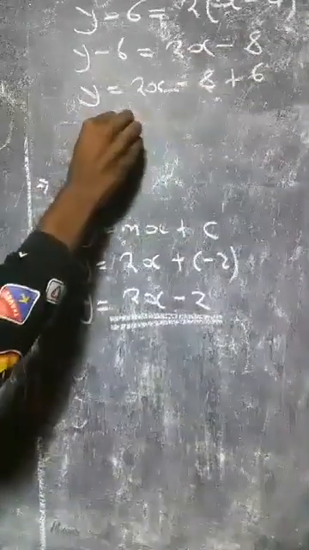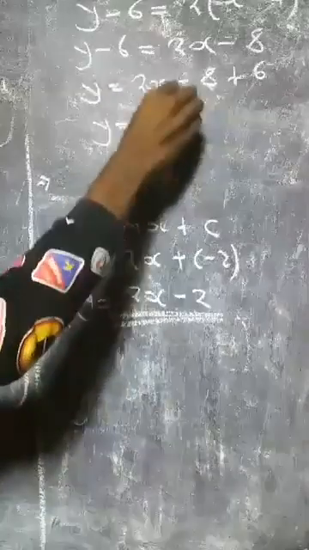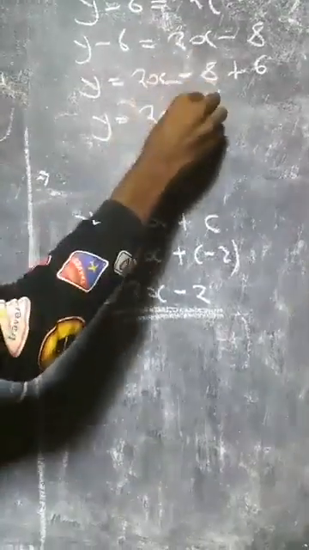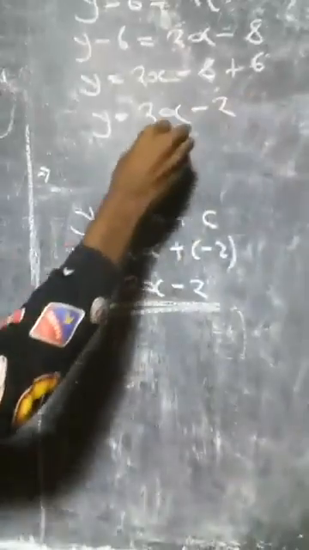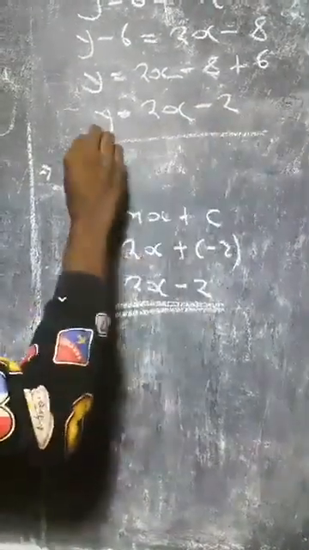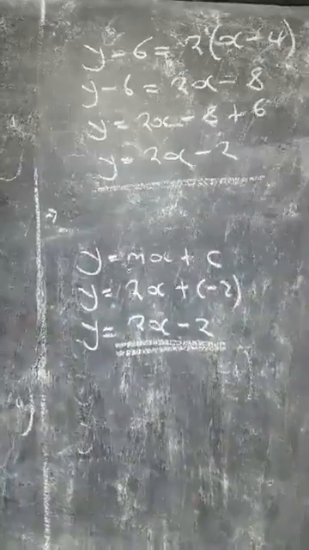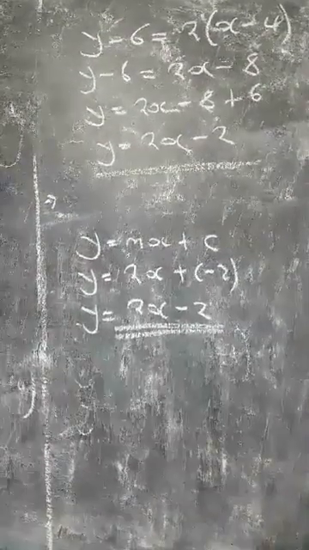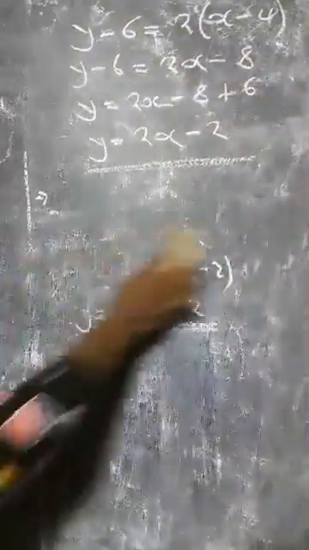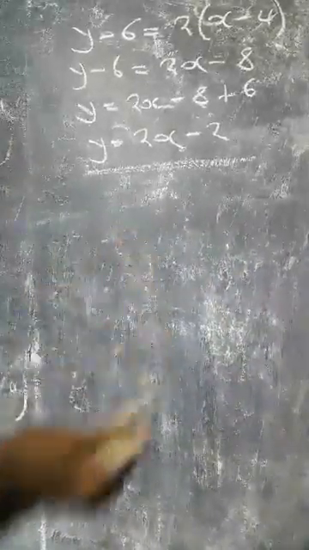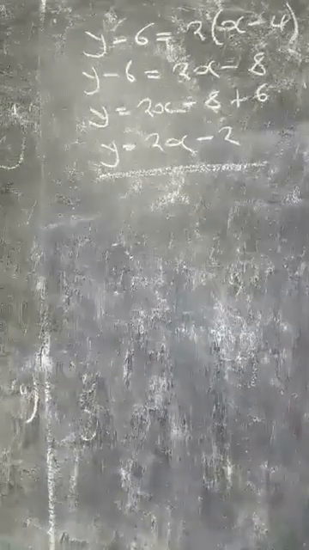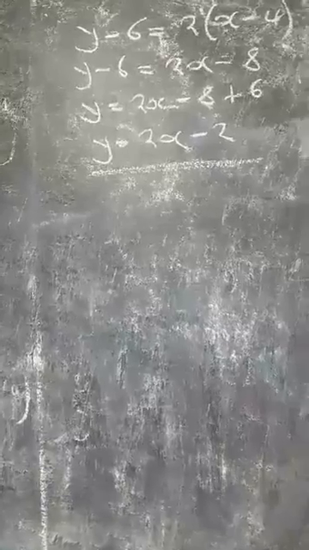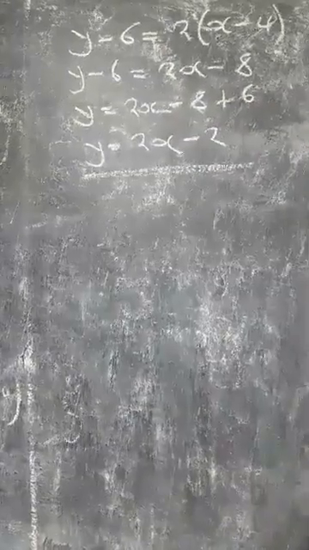So y is equal to 2x, negative 8 plus 6 is equal to negative 2. That means y is equal to 2x minus 2. That is the answer for the second method.